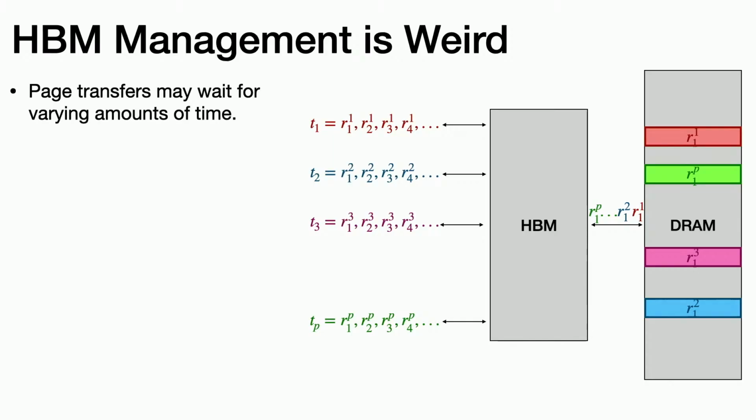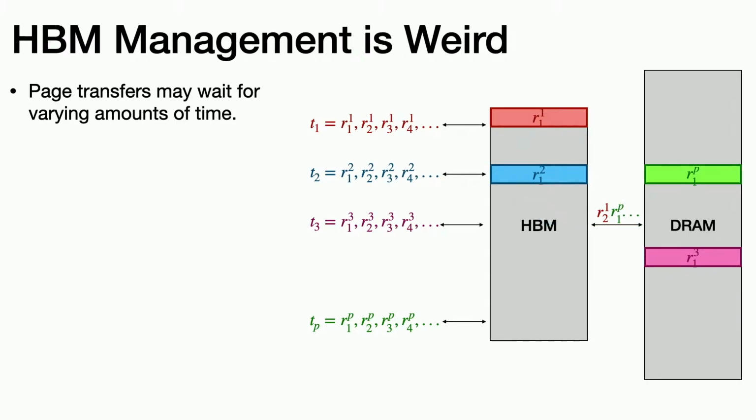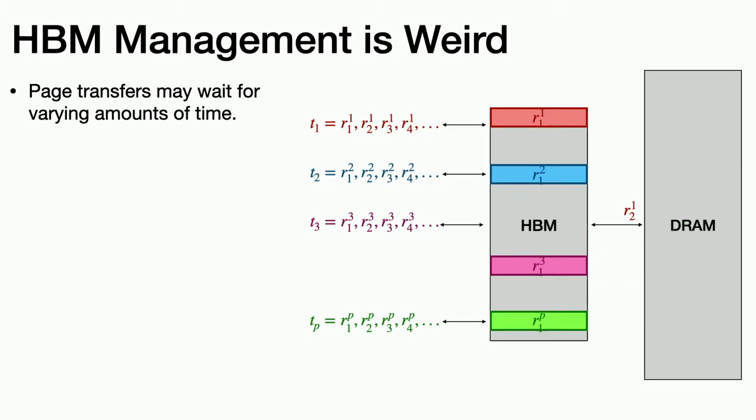The first page takes unit time to transfer, and then that thread gets the first page, so maybe it queues up the next request. Then the next page takes 2 units of time to transfer, and so on. And this last page took p units of time to transfer. And then the second page of the first thread also now waits for p units of time.